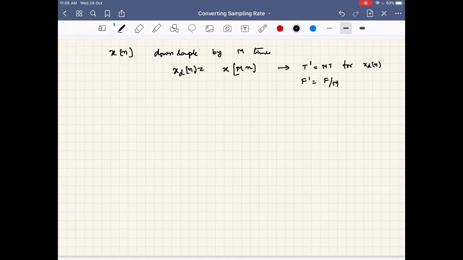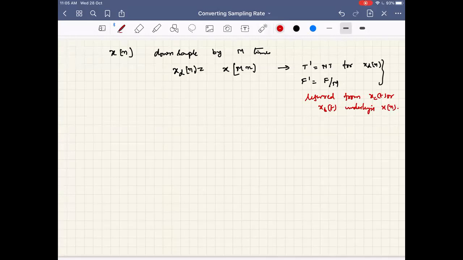That means the number of samples per second, when this time period and frequency are with reference to the corresponding continuous time signal xc of t or xs of t underlying x of n.